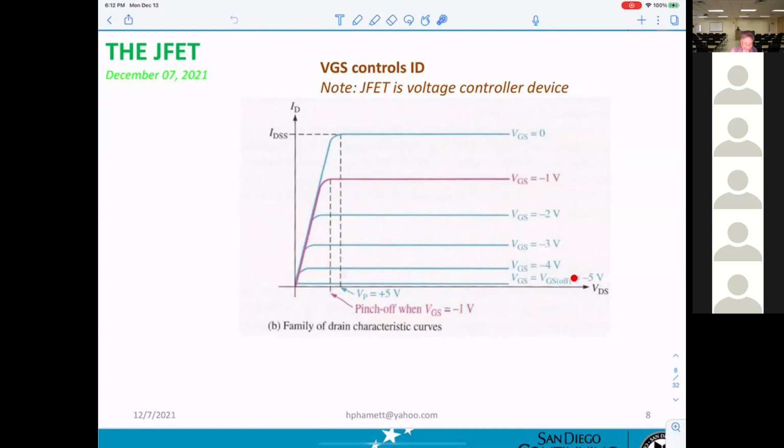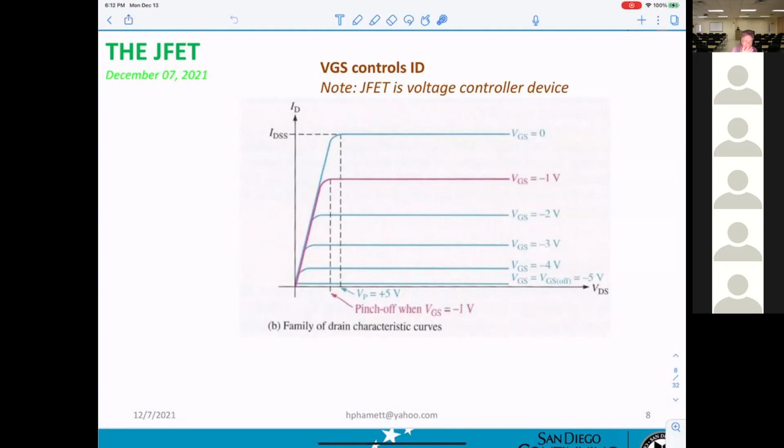That's for VGS. However, in the next one, you can see VP at this point will be 1 volt, right? They are the same magnitude, but opposite in polarity.